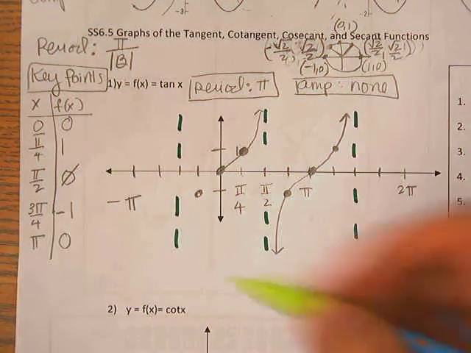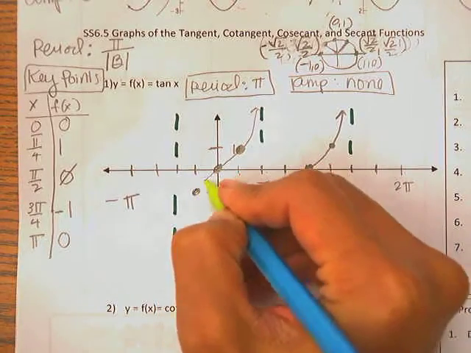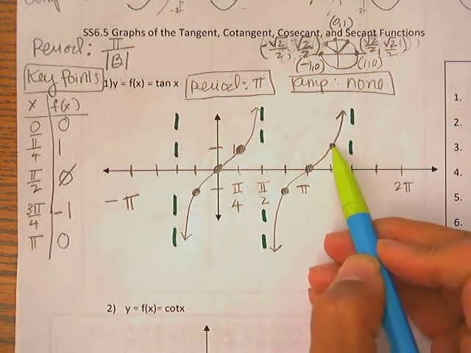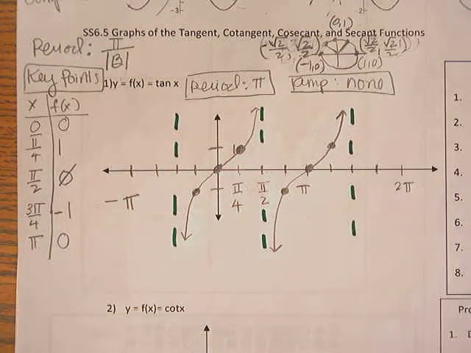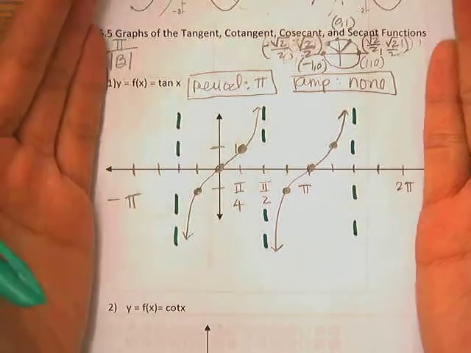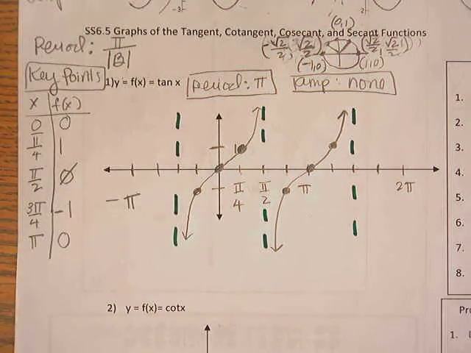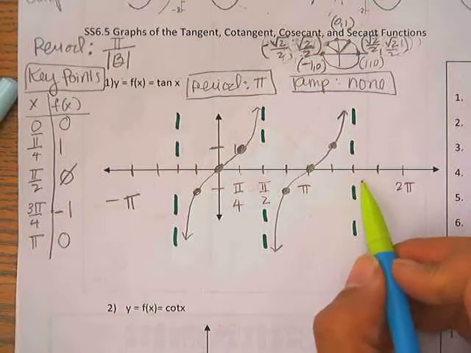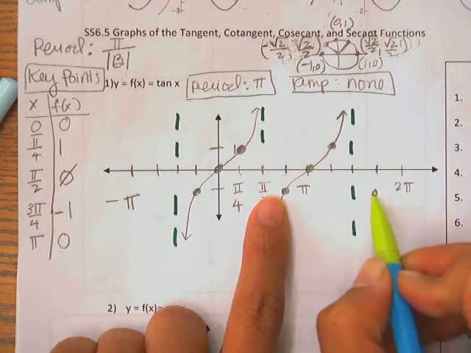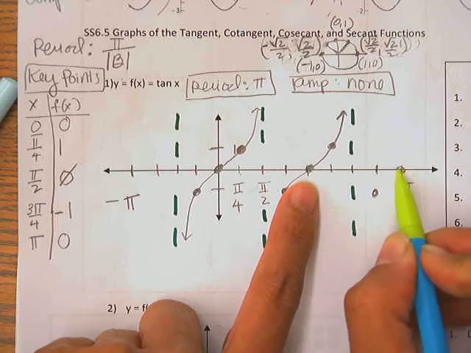So we have dots. Make sure your dots on your assignments are very well plotted. So right now I have 2 full cycles, but because I told you I was going to graph 3, I'm just going to finish it up. So after the asymptote, I have a dot right below. Then I have a dot right on 0.